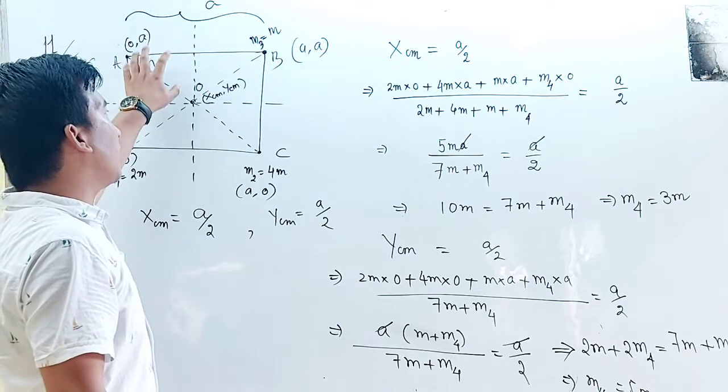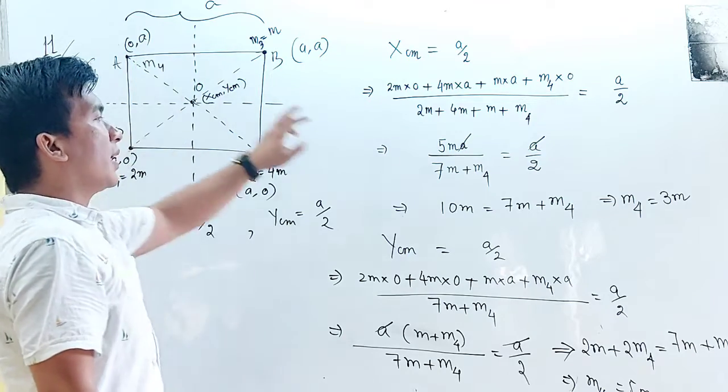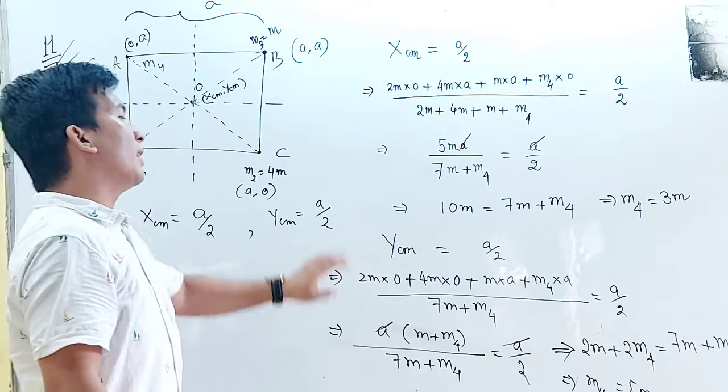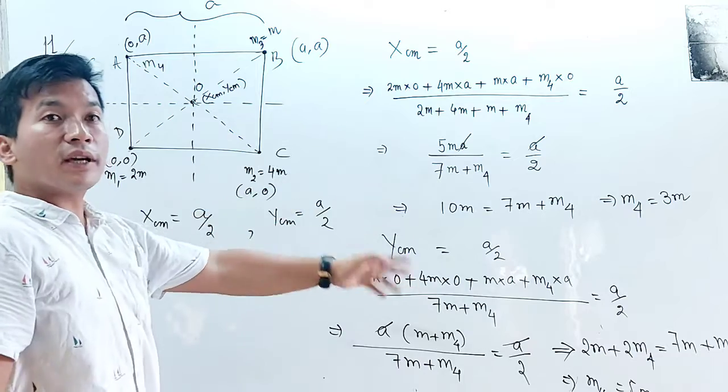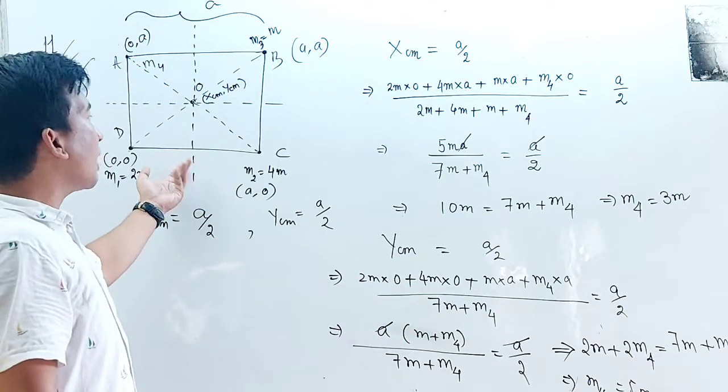The value of m4 is 3m in one case and 5m in another, 7m in one and 10m in another, so there is no fixed value.